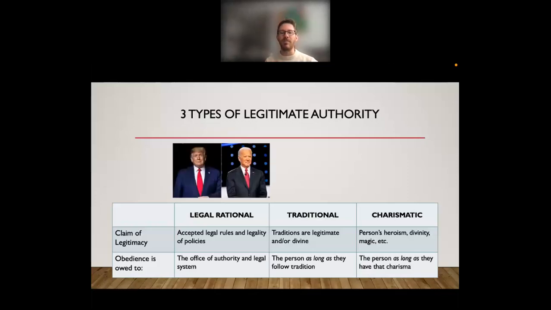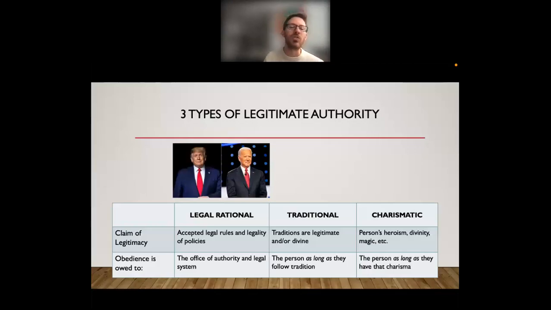An example of that is the presidency of the US. If you remember, even as far back as Obama, people would say Obama or Trump or Biden is not my president, I'm not going to follow him. And the supporters might say, well, you might not like him, but he is the president, respect the office.